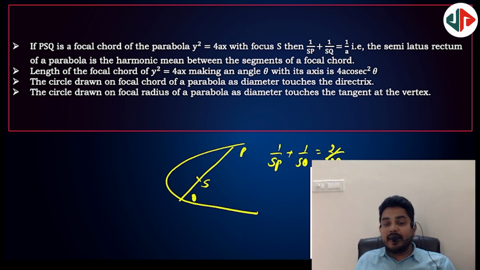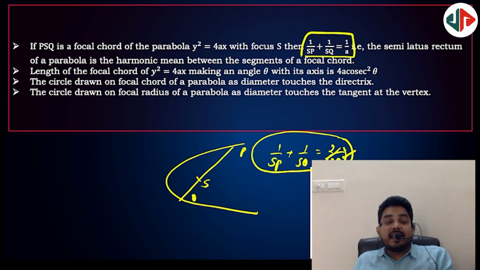Actually, why I'm writing this is these are in HP. This is the semi-latus rectum. Length of latus rectum is 4A. So 1 by SP plus 1 by SQ is equal to 1 by A.